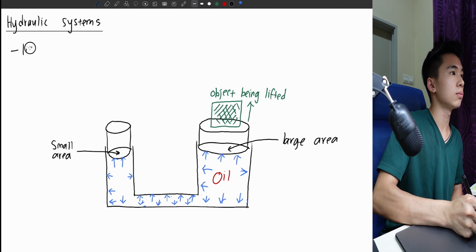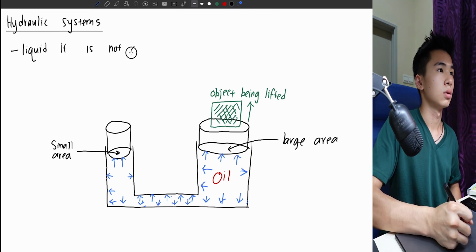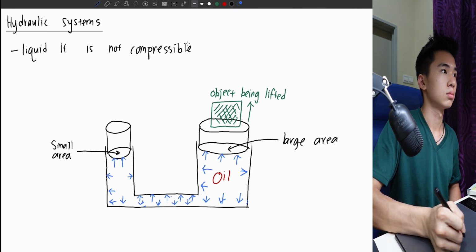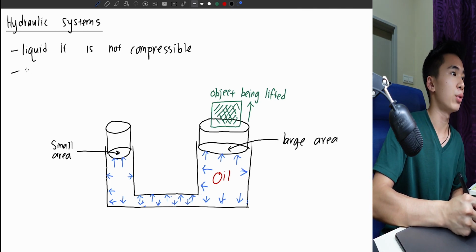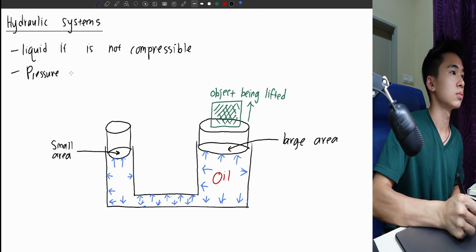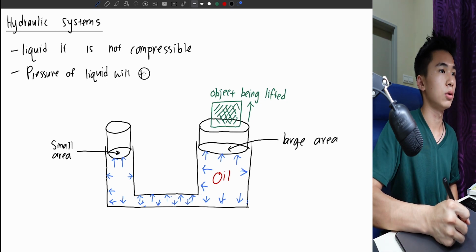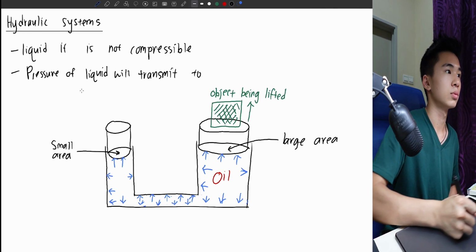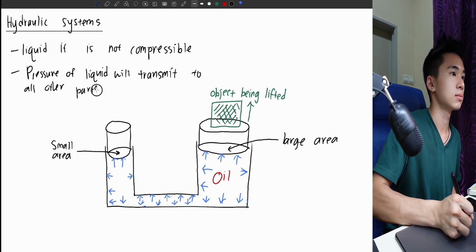As you know, liquid is not compressible, and if you compress a trapped liquid, the pressure of the liquid will transmit the pressure to all other parts.